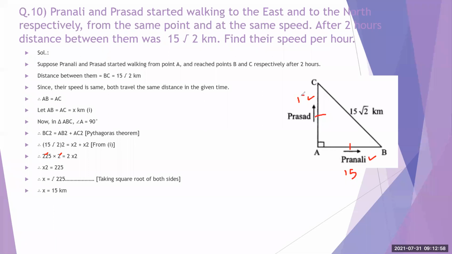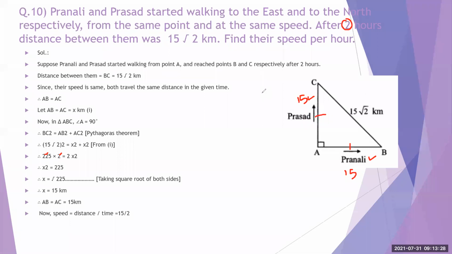Speed. What is the formula for speed? Simply use that formula. Speed is equal to distance divided by time. Now, what were AB and AC actually? This is the distance covered by Pranali and Prasad. The same distance both of them covered, which is equal to 15. And since they are covering the same distance, the time is given to us, which is equal to 2 hours.